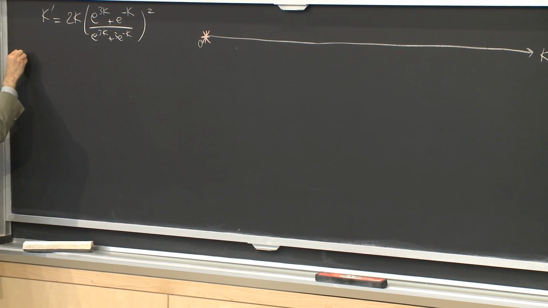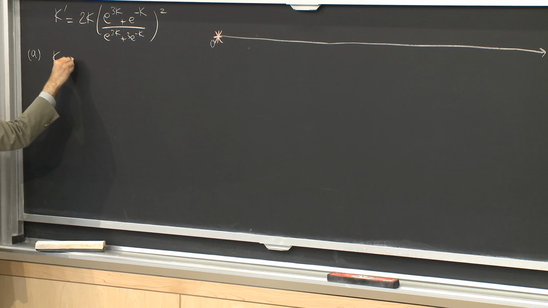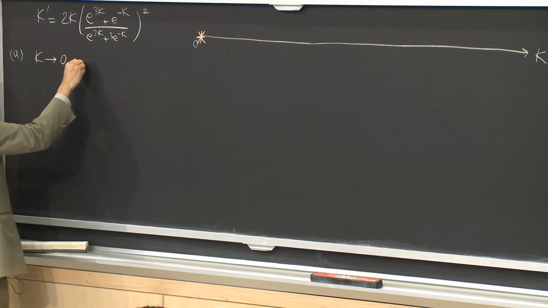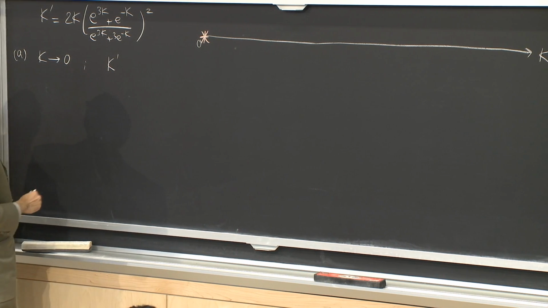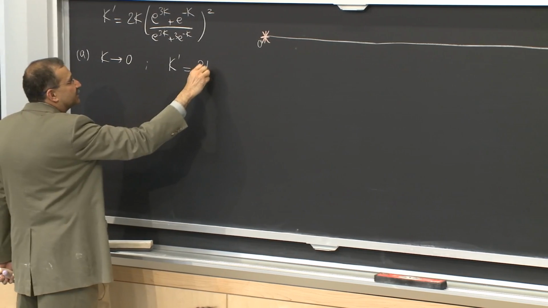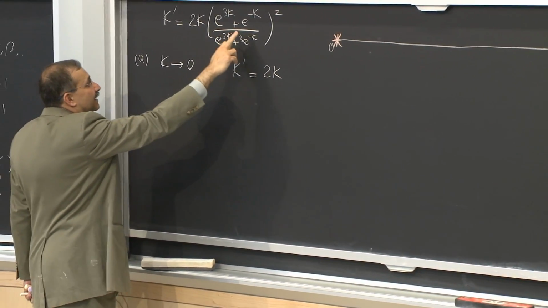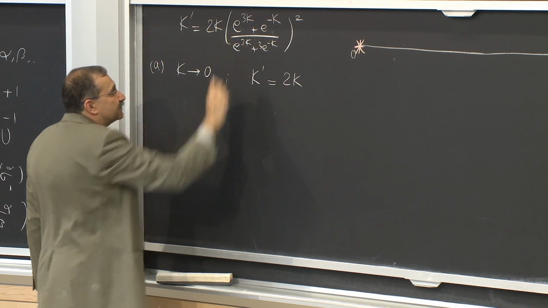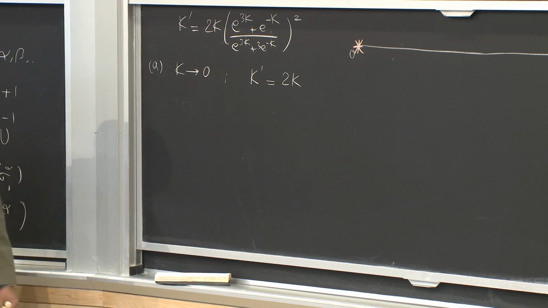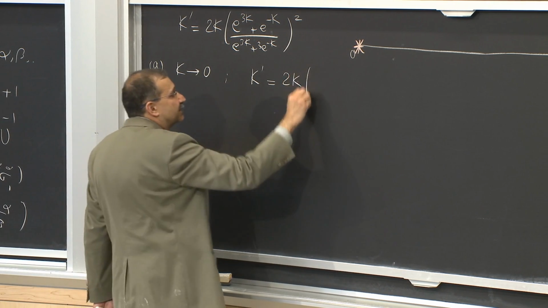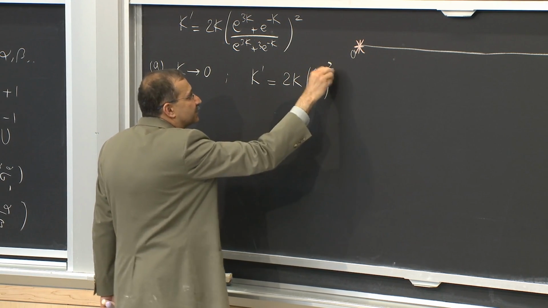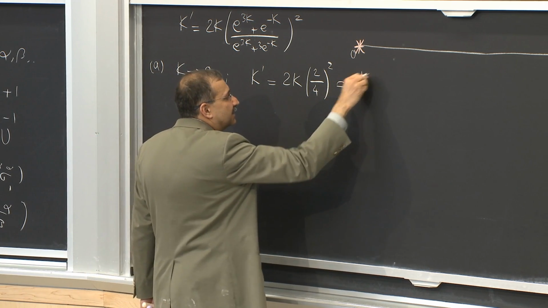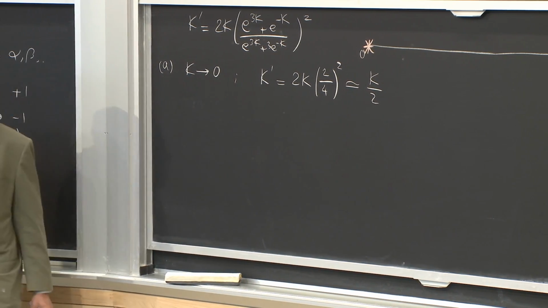So we look at the limit where k goes to 0. Then you can see that k prime is 2k, and when k goes to 0, all of these factors become 1. So numerator is 2, denominator is 4, the whole thing is squared. So basically, in that limit, the interaction gets halved.